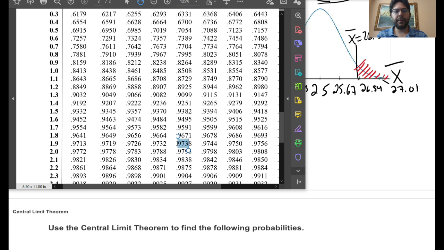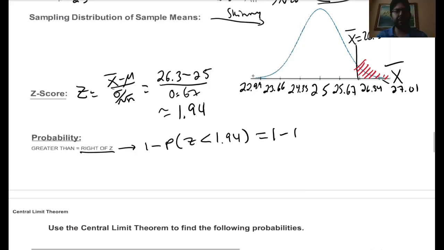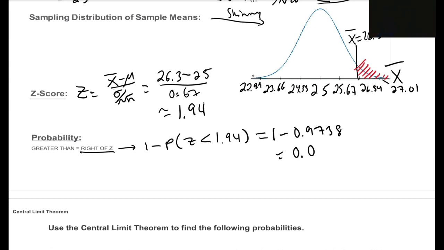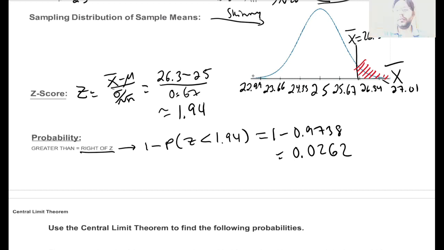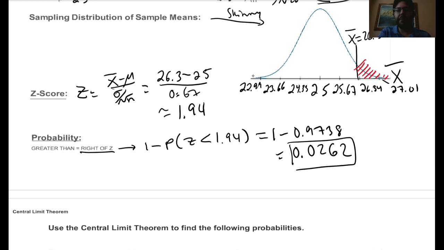It looks like it's 0.9738. So we do 1 minus that, and we get 0.0262. That's my probability of getting a sample mean greater than 26.3.